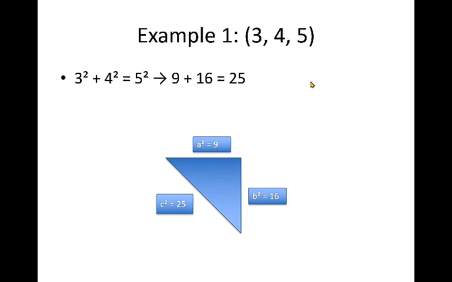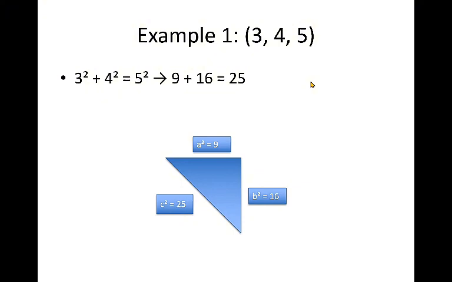We start with the right triangle with legs 3 and 4, and our hypotenuse is 5. Look at the squares attached to each side. For A it is 3 squared, for B it is 4 squared, and for C it is 5 squared.